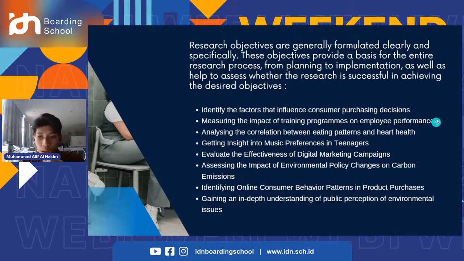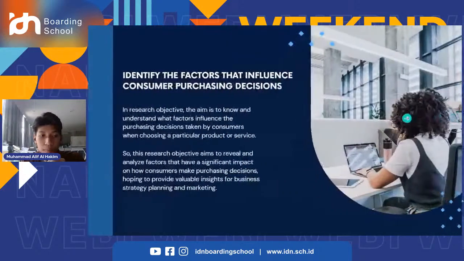So, I think for the first, identify the factors that influence consumer purchasing decision. In research objective, the aim is to know and understand what factors influence the purchasing decision taken by consumers when choosing a particular product or service.